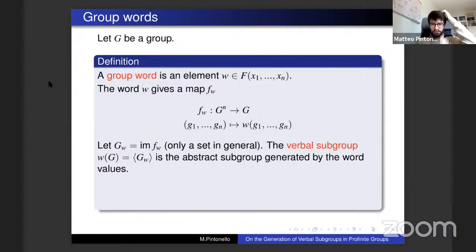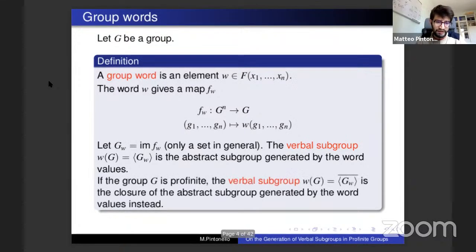Sometimes we will work with abstract groups, and sometimes with profinite ones. If G is profinite, we will denote with the same notation the closure of the subgroup generated by the word values, because of course we want to still be in the category of profinite groups.